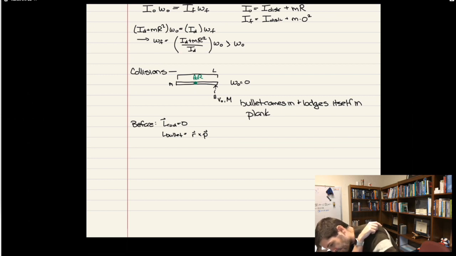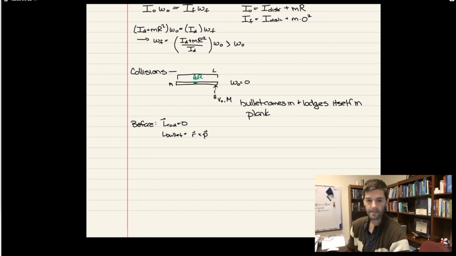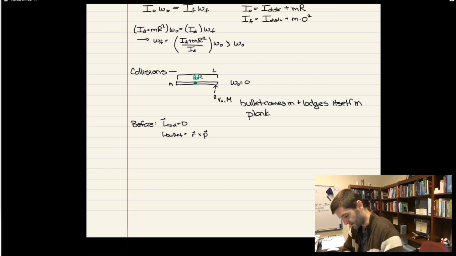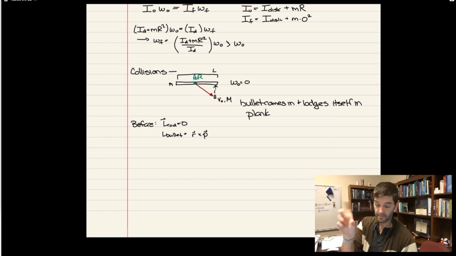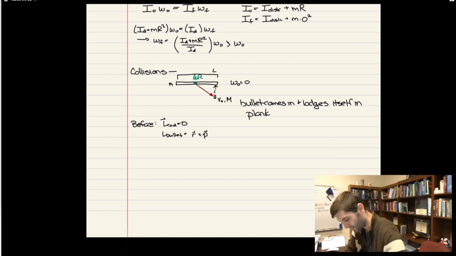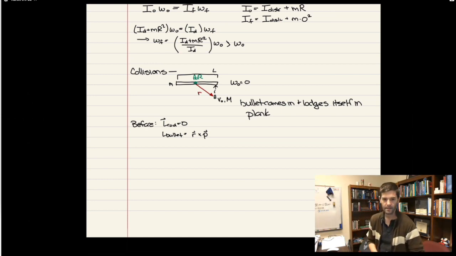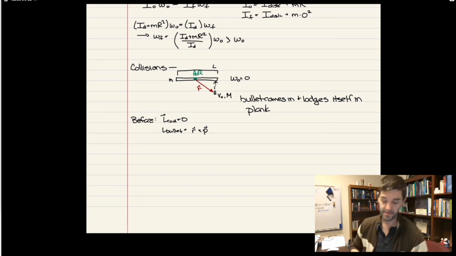But there is an L from the bullet, which is R cross P of the bullet. And what is this R being measured from? It can be measured from whatever we want, but since we know it's going to start rotating about that particular axis of rotation, let's measure it from the axis of rotation in the center of the plank.